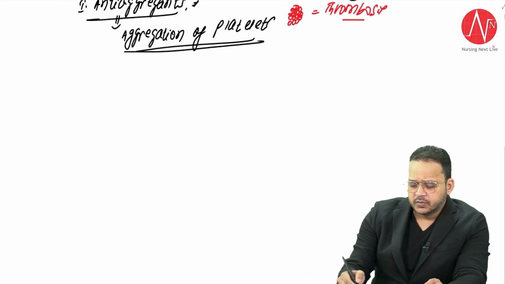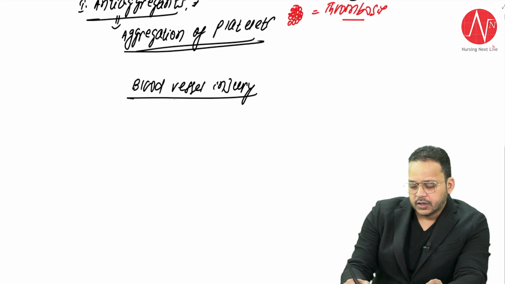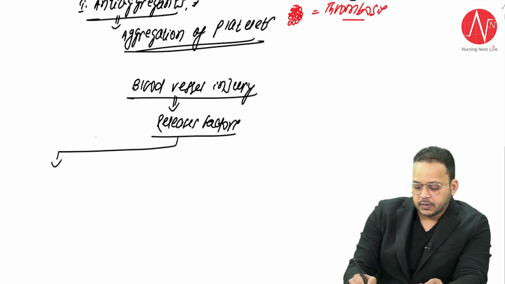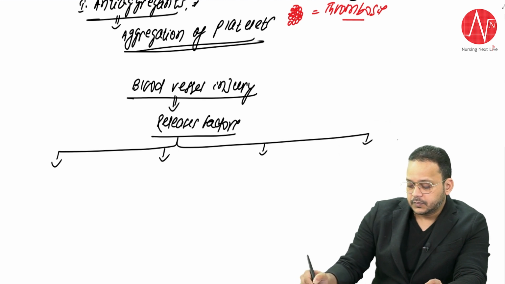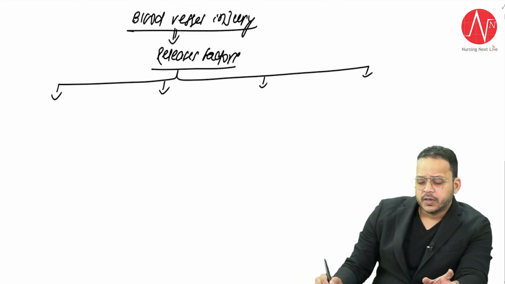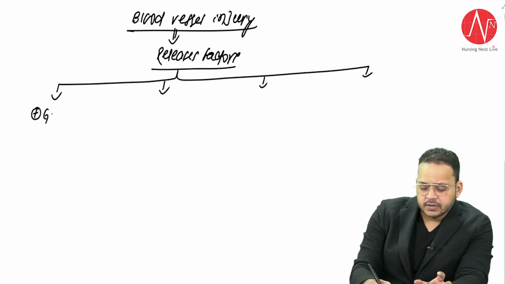So let us imagine a condition where there is a patient with blood vessel injury. Whenever there is blood vessel injury, it releases factors which have different actions. So 4 factors are released. Number 1, it releases factors which activate a glycoprotein called glycoprotein 2B 3A.